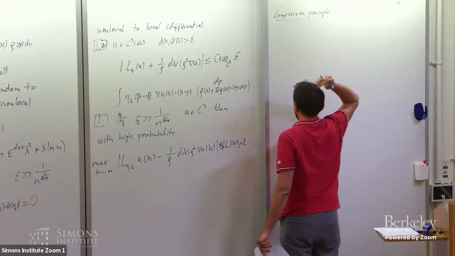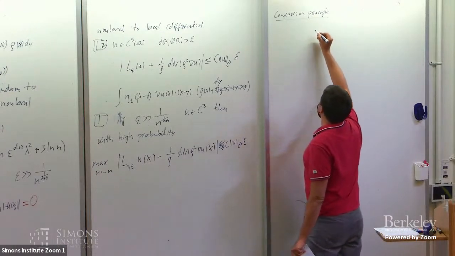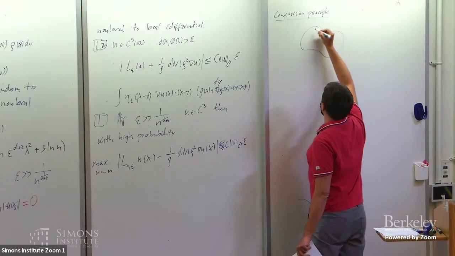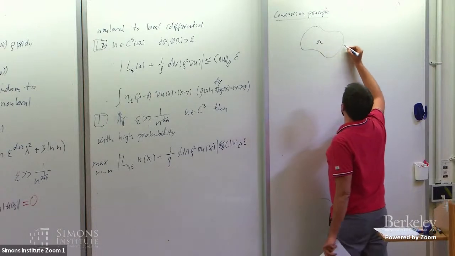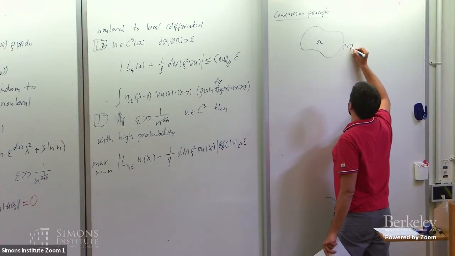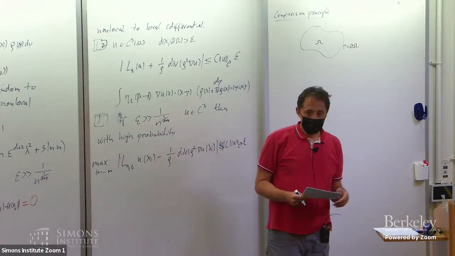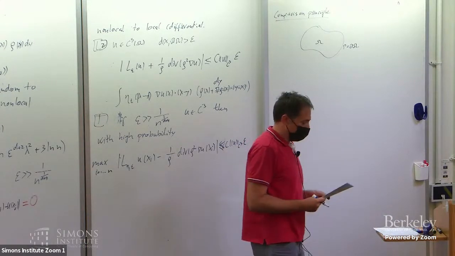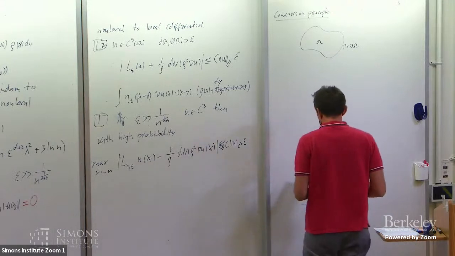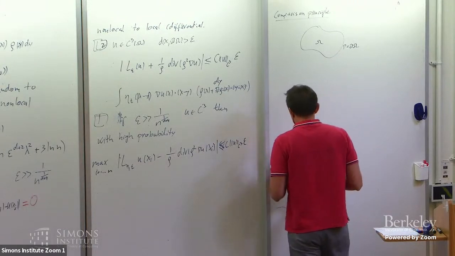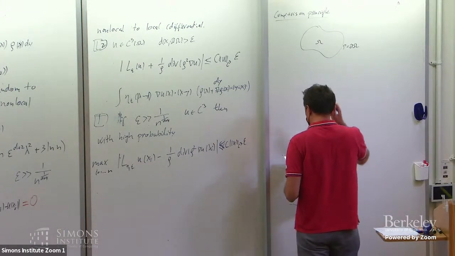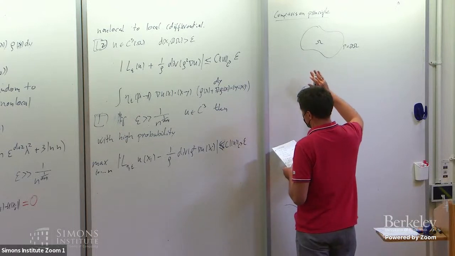Imagine that I'm solving a PDE on a domain omega, and let gamma be the boundary of omega, and assume that omega has regular enough boundary so that the standard existence and uniqueness theory works.